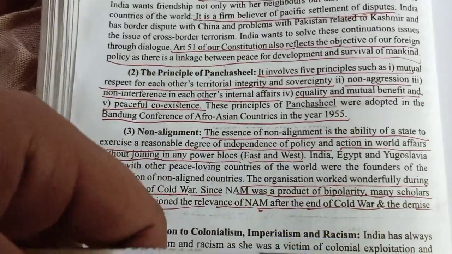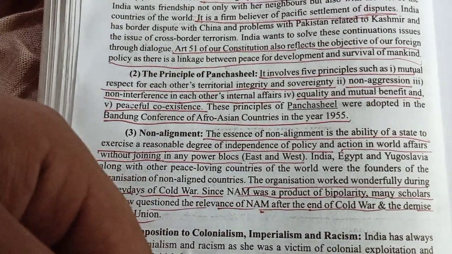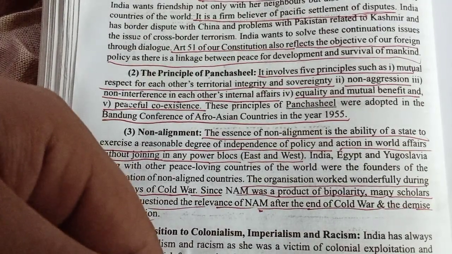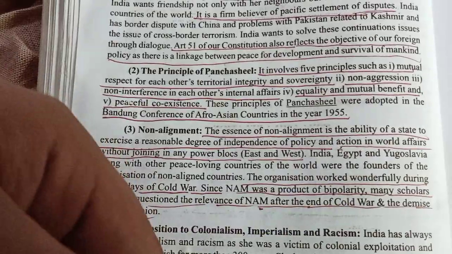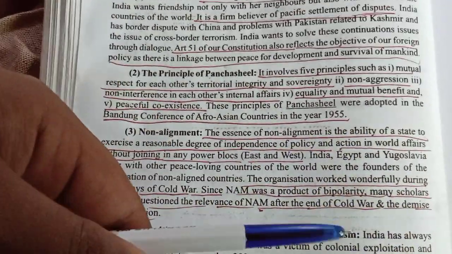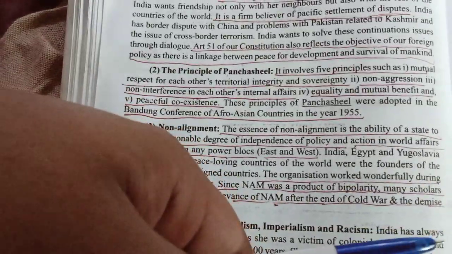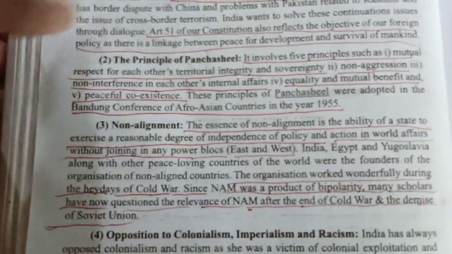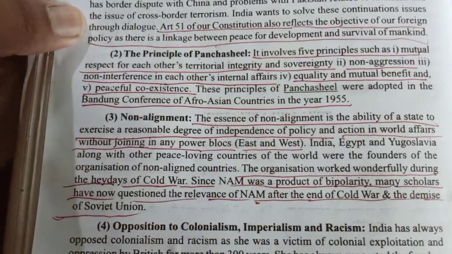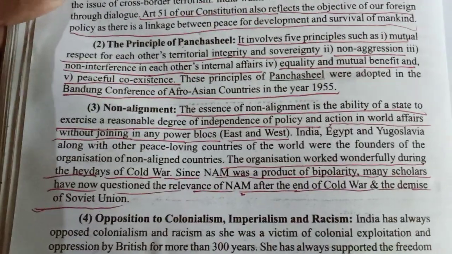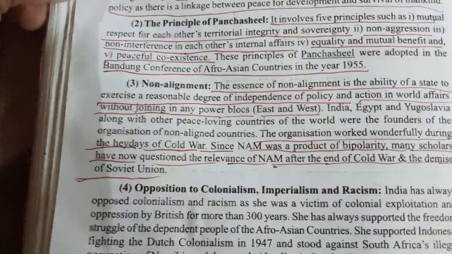It is an independent power to make policies and to act on those policies in world affairs. You should not make alliance with east or west powers to make your foreign policy. You are independent. You have independence to make policy. So this is a feature of Indian foreign policy.